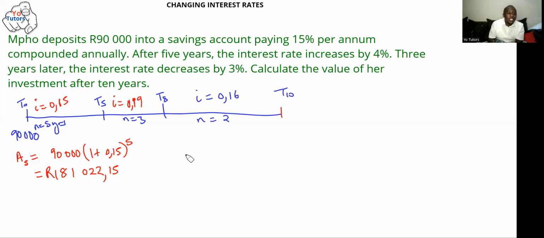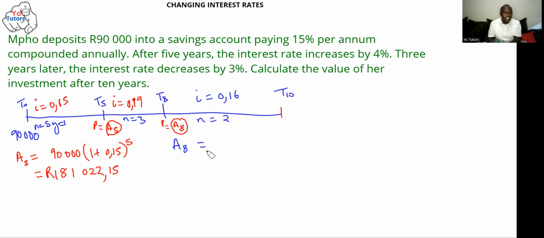So here, what about the accumulated amount after 8 years? After 8 years, this one here is going to be equal to, we take whatever amount that we get here, A5. So it means that our P at this point here is A5, which we got here. Then our P at this point is A8.